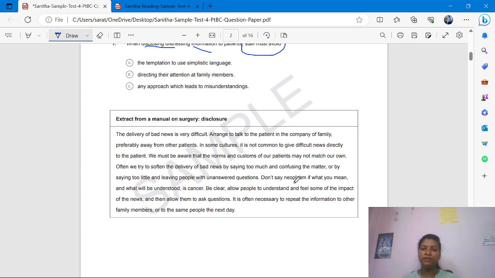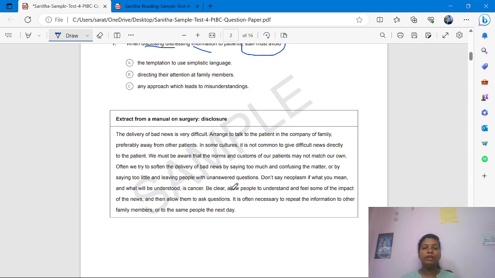So don't say neoplasm. Sometimes we use different words, and maybe the patient is not aware of them and doesn't understand directly what it exactly is. If it is cancer, you can say cancer. The patient can easily understand cancer, and the complication too.